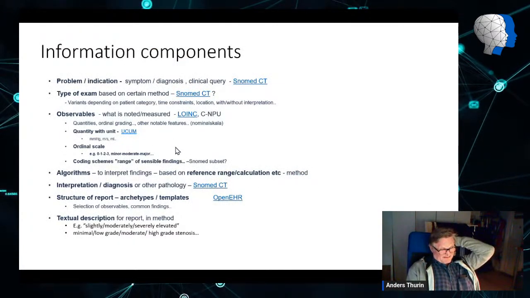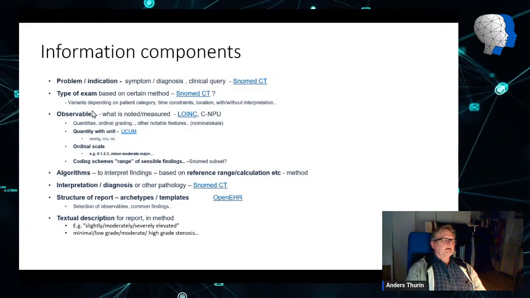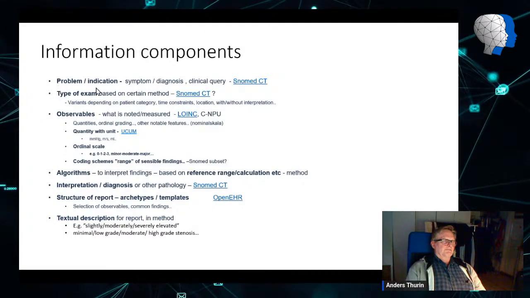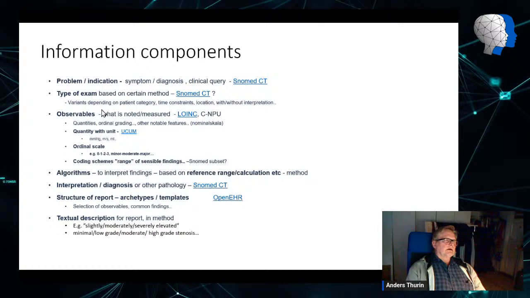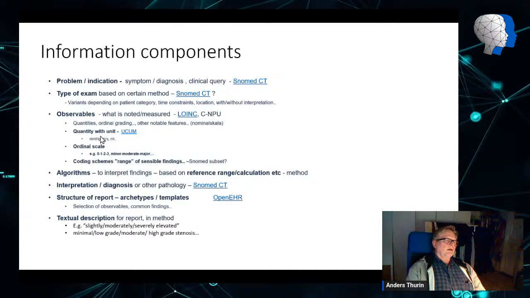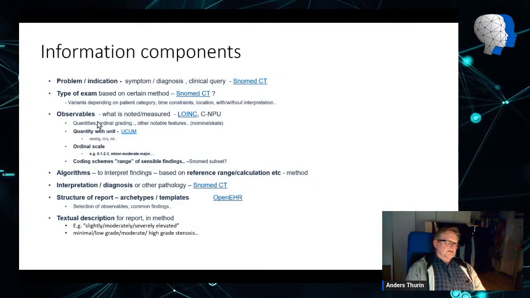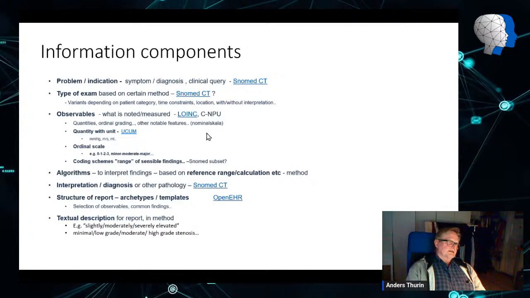And here are some of the information components that we deal with. We have problems or indications for exams, types of exams, which vary depending on patient category and so on. Observables are variables measured.